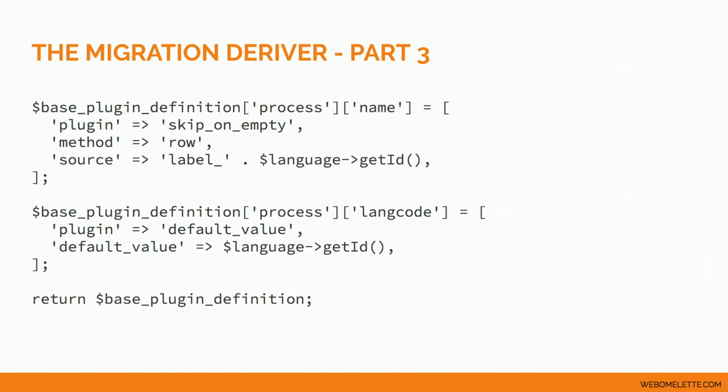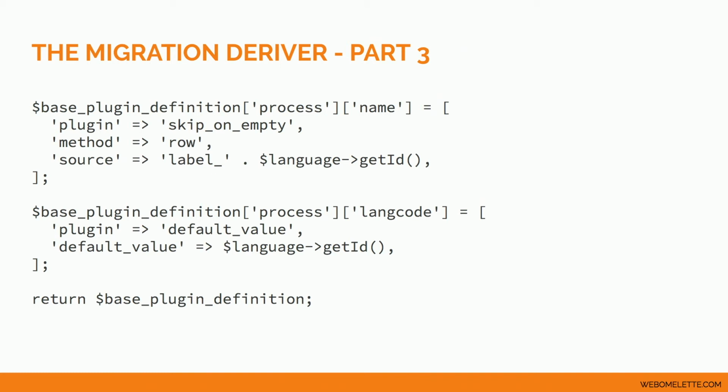So for this we use the skip on empty plugin, which I think is provided by Migrate Plus, which essentially says, if this thing doesn't have a value, just skip the whole row, not just the process of mapping that field, but the whole row. It doesn't do anything else, which for us is fine. We can have now 10 other languages, and it will only make a derivative for the remaining language. As in, it will only import, sorry.